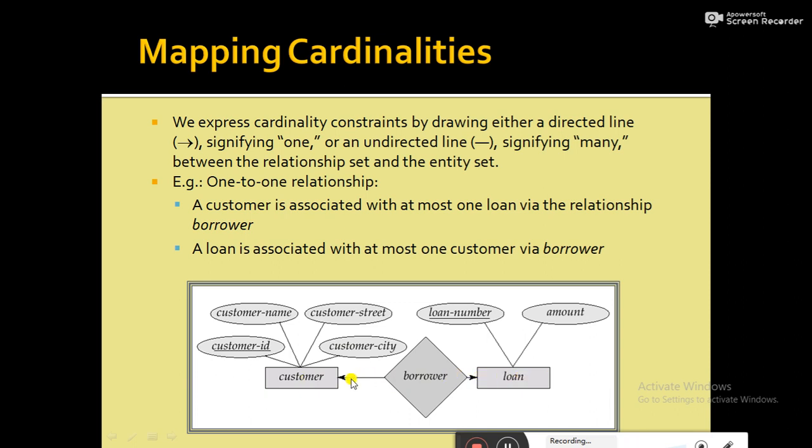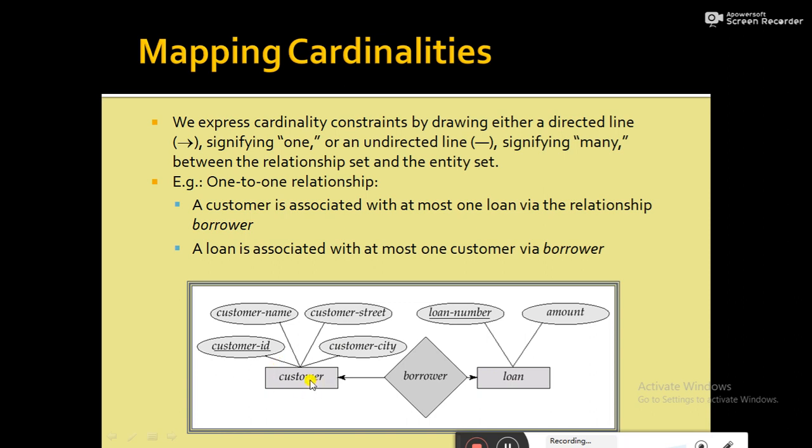That means a single customer entity is associated with exactly one record of loan. Similarly, from the loan side, a single record from the loan entity set is associated with exactly one entity in the entity set customer.